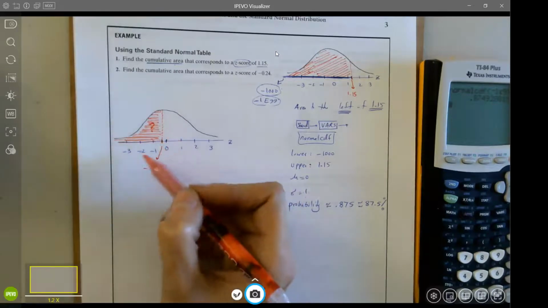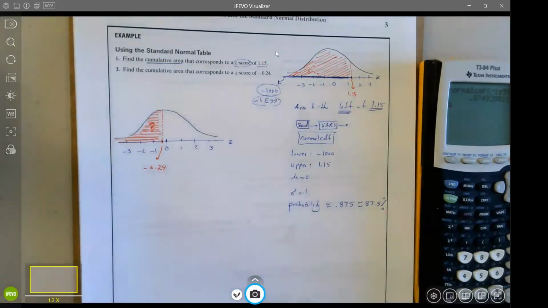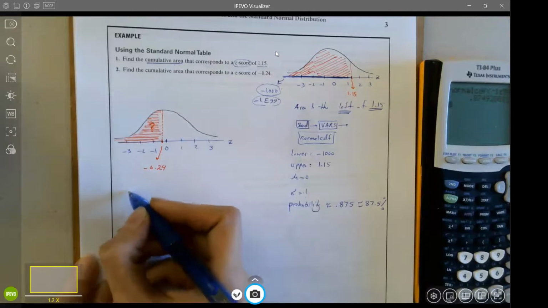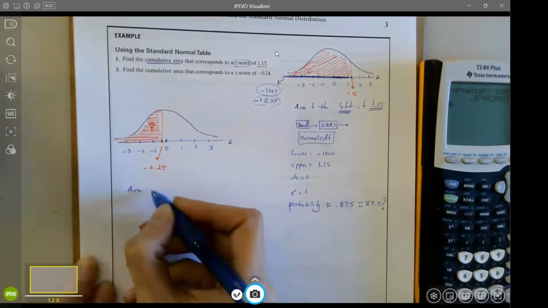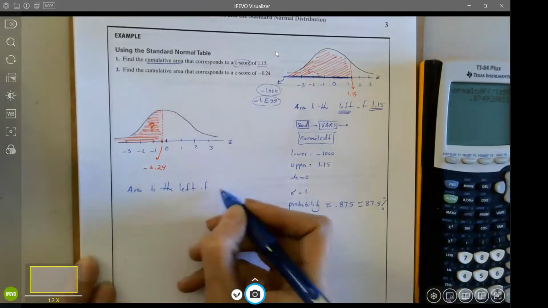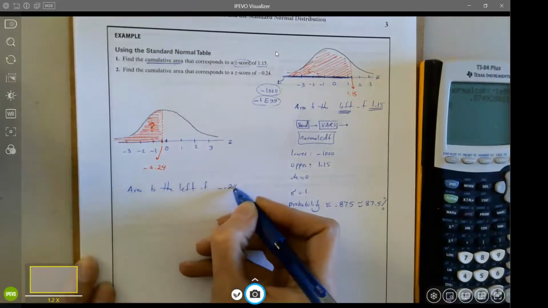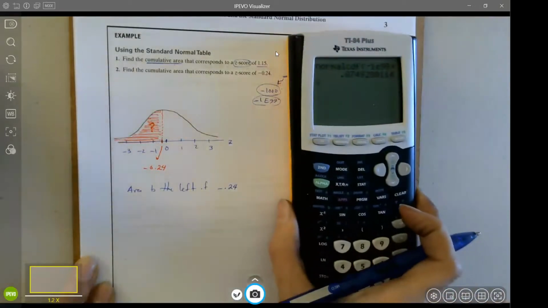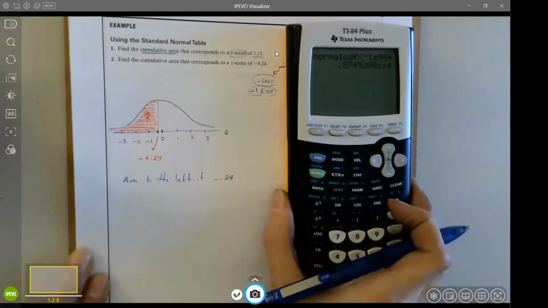But how do we find this area? Again, we're going to use our calculator. The area to the left of negative 0.24.